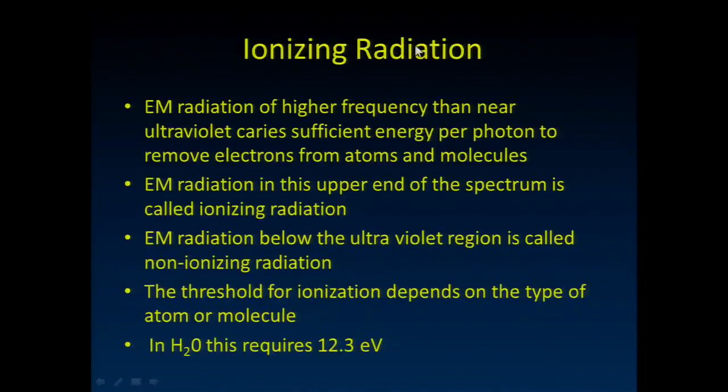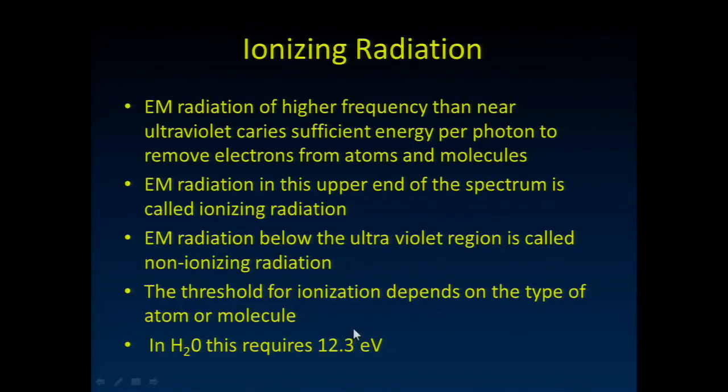I want to mention ionizing radiation. Electromagnetic radiation of a higher frequency than the near ultraviolet has enough energy per photon to remove electrons from atoms and molecules. If you look at that in water, that requires about 12.3 electron volts. They're sharing some electrons there, so it's a little bit lower than what we saw in hydrogen.